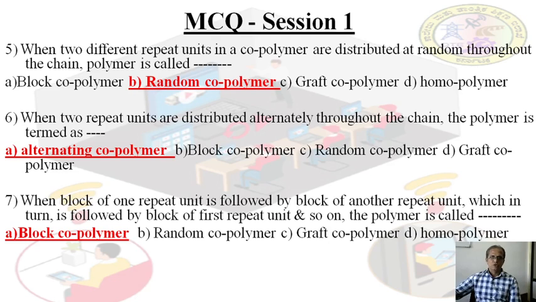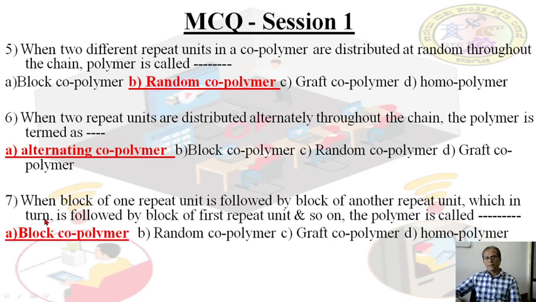Alternately means one type of repeat unit, after that another type, again the third one is the first type and the fourth one is the second type. Likewise, both the repeat units will appear alternately in the backbone of the polymer. So the answer must be alternating copolymer.